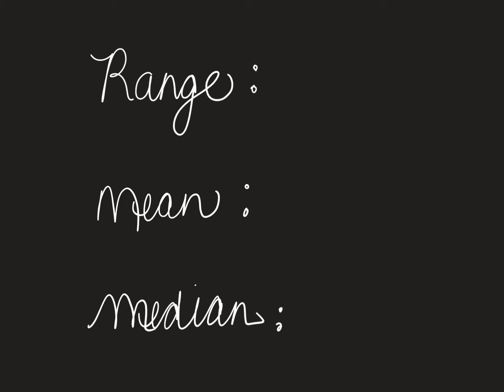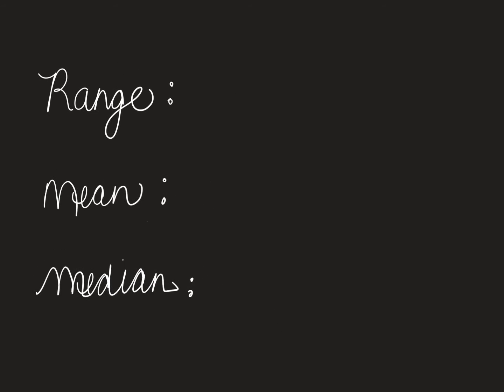So the range is, you want to write this down, and then I'll give you some examples. It's the difference, and when you're talking about difference, you're talking about subtraction.